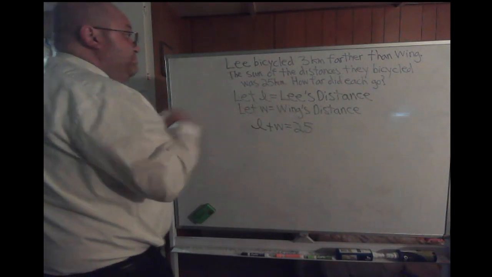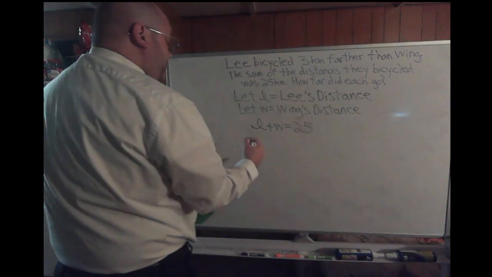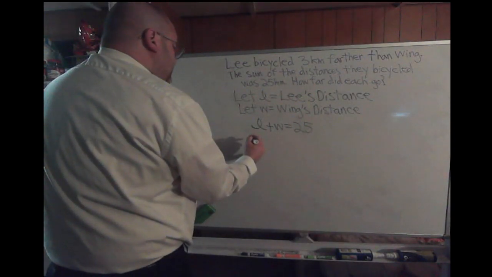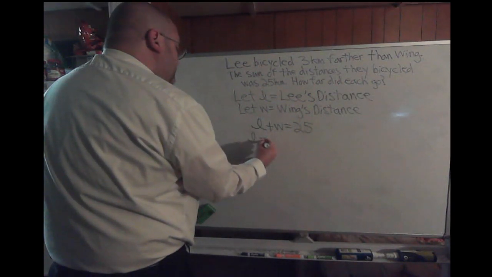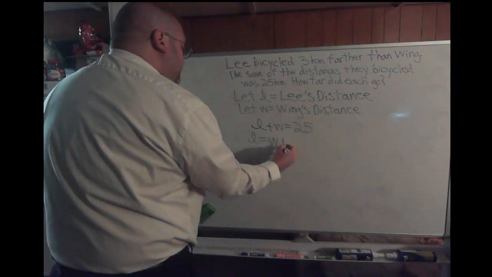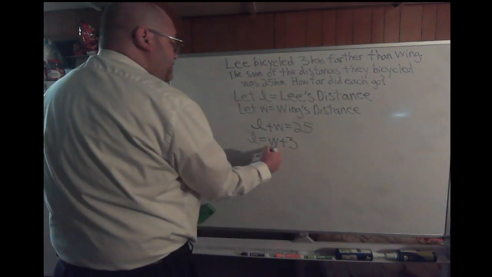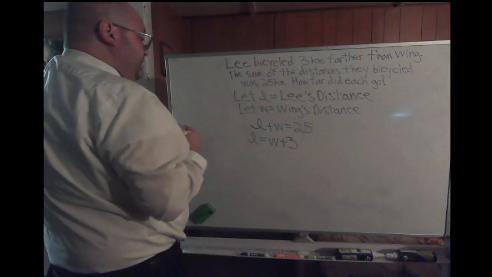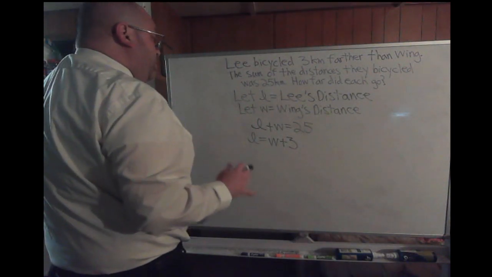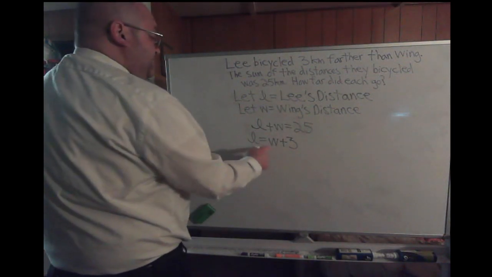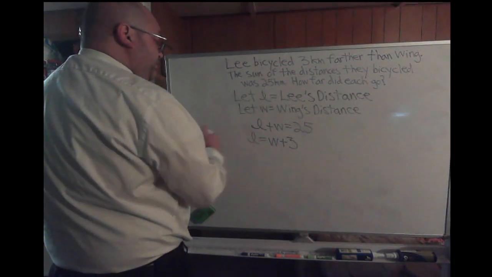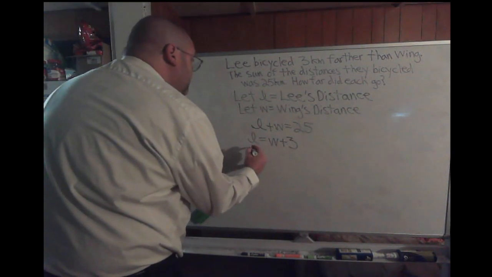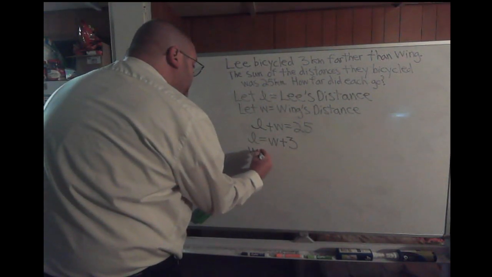So it says Lee bicycled 3 kilometers farther than Wayne. So Lee's distance was 3 kilometers farther than Wayne, so that's going to be Wayne's distance plus 3. Okay? Now, what we can do is substitute that W plus 3 in for where we see the L. So we'll do just that right now.